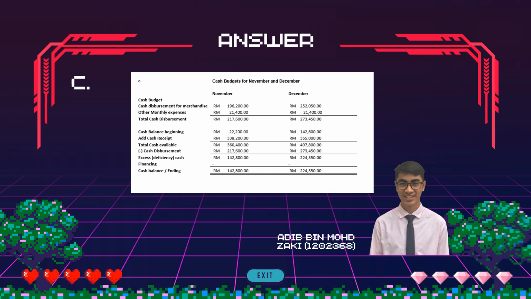But in this cash budget, we only see an excess in the cash. Alright, for November, we get the cash balance 142,800 ringgit, and for December we get 224,350 ringgit.